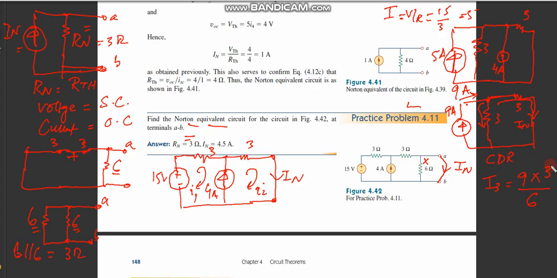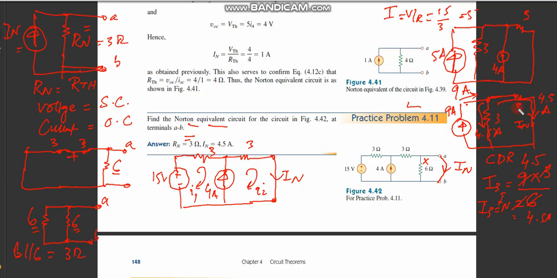So this will be 3 by 6 times 9, which is 4.5, so I3 is equal to In, which is equal to 4.5 amperes. It means the current over here is 4.5 amperes. Remember this will also be equal to 4.5 amperes.